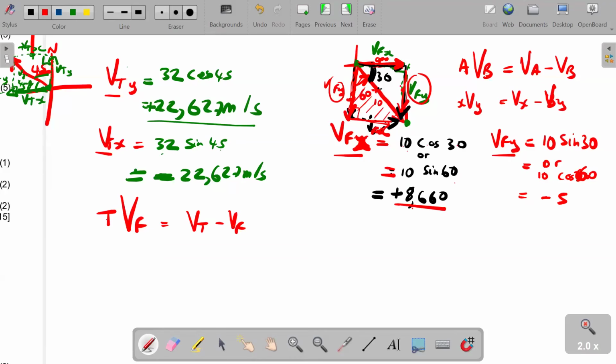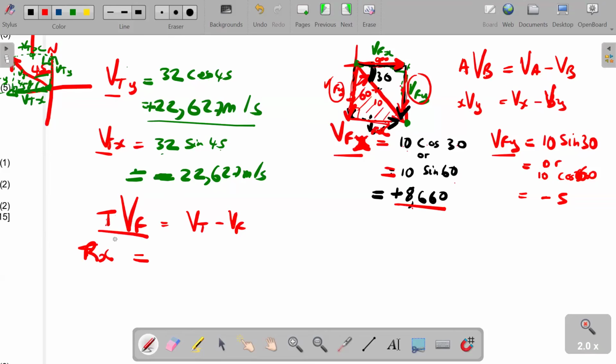Okay, so with that in mind, let us start with the horizontal components. I'm going to call the sum of the horizontal components Rx. Right now, I am looking for the horizontal component of the velocity of the torpedo relative to the freighter.